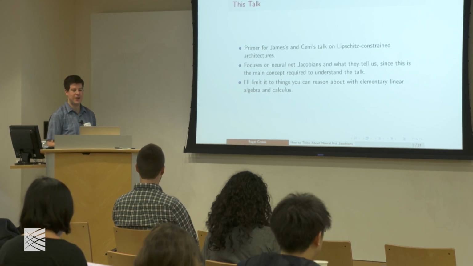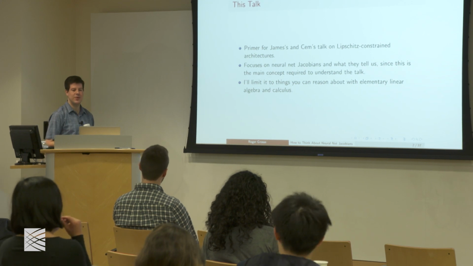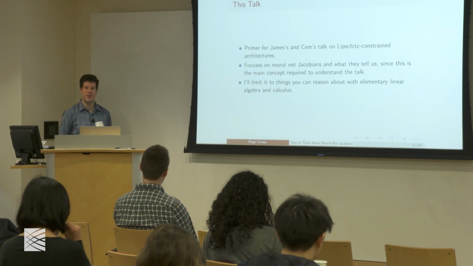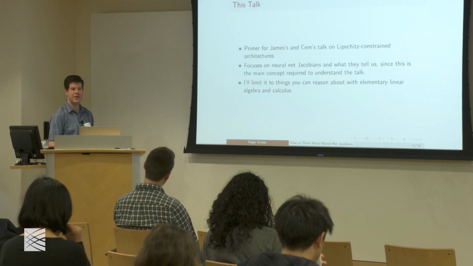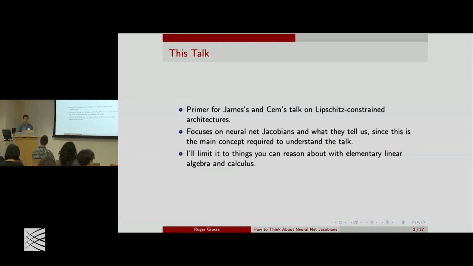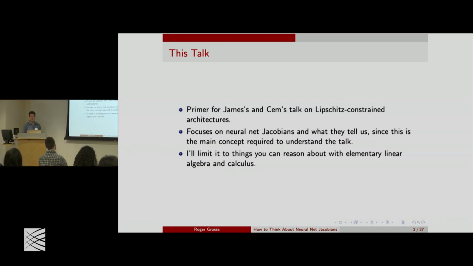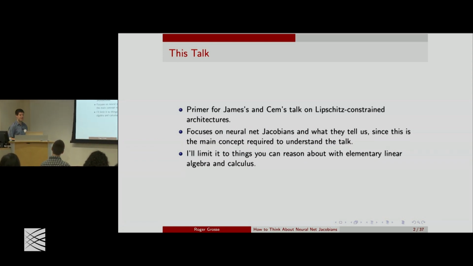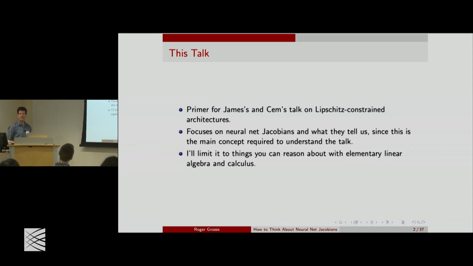And I'll try to limit the talk to things you can reason about just using elementary linear algebra and calculus. So there shouldn't be too much background you need for the primer. And the role of the primer is mostly to understand why we're asking the questions that we're asking in the research talk. And so if you don't get all of it, then you should still be OK for the research talk.